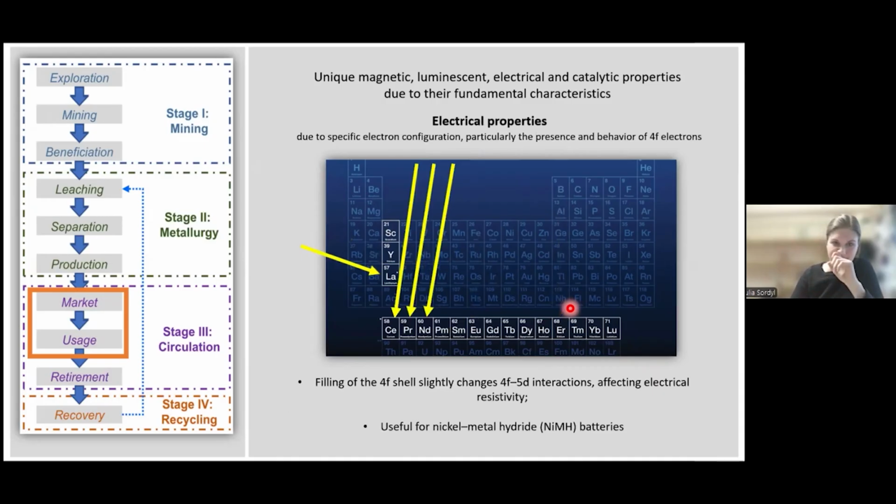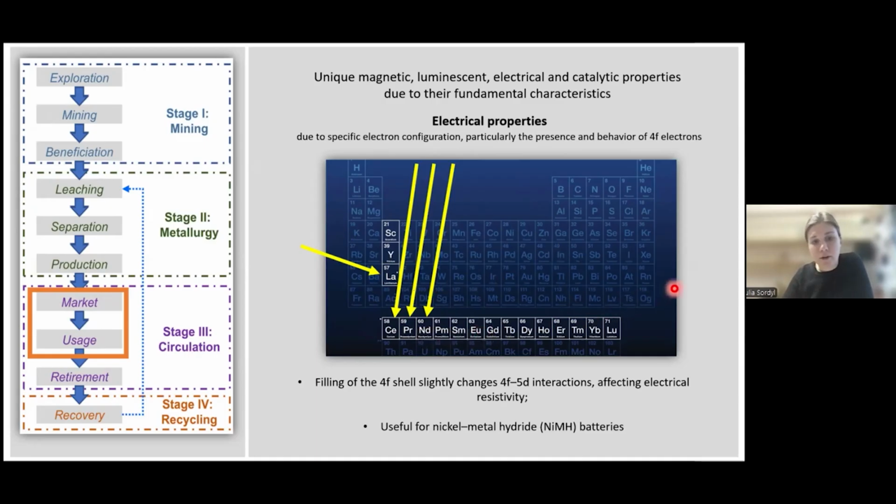And then electrical properties. This is due to the specific electron configuration and particularly a very specific behavior of 4f electrons. And this property concerns lanthanum, cerium, praseodymium, and neodymium. And as more 4f electrons are added from lanthanum through cerium, praseodymium to neodymium, it slightly changes 4f-5d interactions and it affects electrical resistivity.